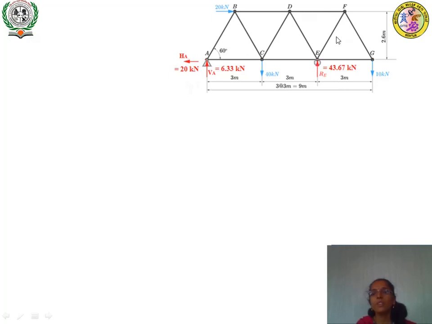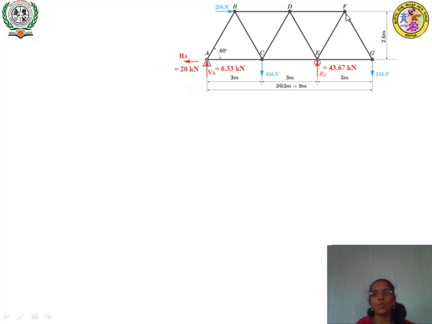The remaining forces in members are EF, FG and GE. If you consider joint E, you can find forces in members EF and EG. Only two unknowns are there, so you can go for joint E, or else you can go for joint F, wherein you know the force in member DF and the remaining two are unknown.